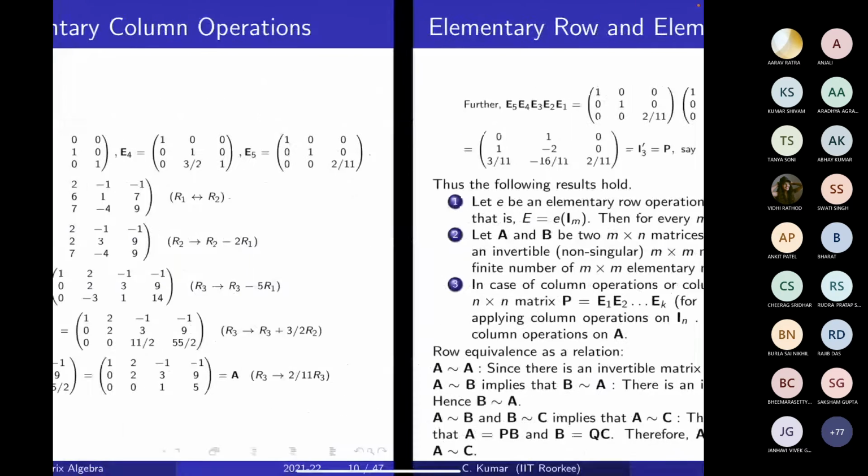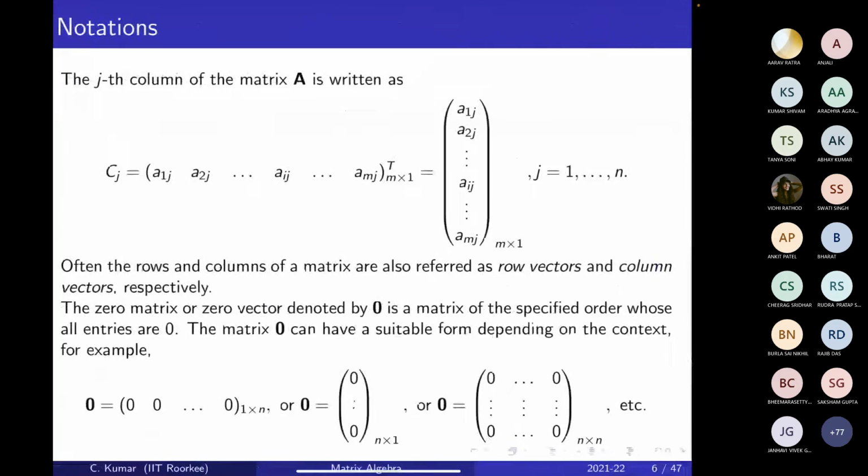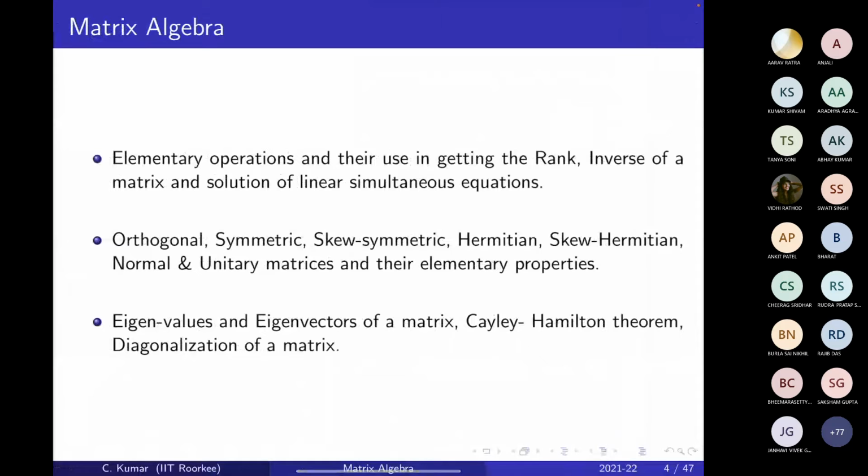Criteria means what? You have to apply the elementary row operations to get this in this form. No, sir. Like in row echelon form, we have the criteria that the one should be to the right of the one in the upper group, not in the same column. So do we have that criteria in row reduced form as well?